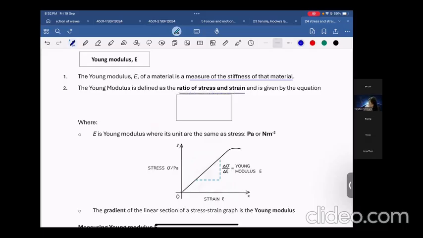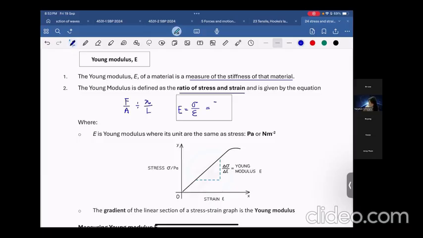Okay, so here, E is equal to the stress, this symbol, divided by the strain, this symbol. Then if I do substitution, stress is F over A. I write it here, F over A. Strain is extension over the length.